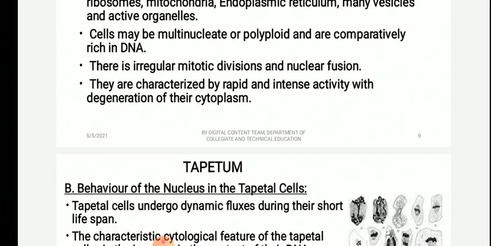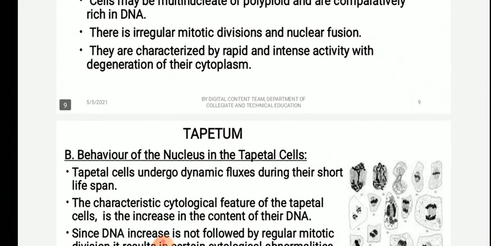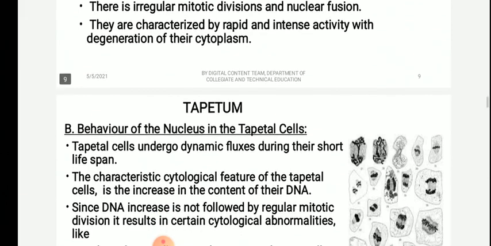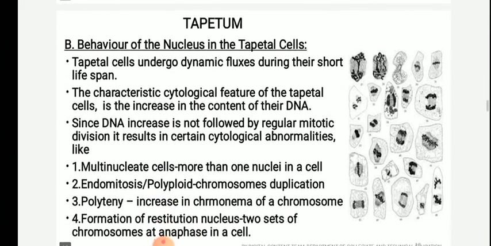Tapetal nuclei behave very abnormally. There are irregular mitotic divisions and nuclear fusion we will see in the tapetal nucleus. They are characterized by rapid and intense activity with the degeneration of their cytoplasm.